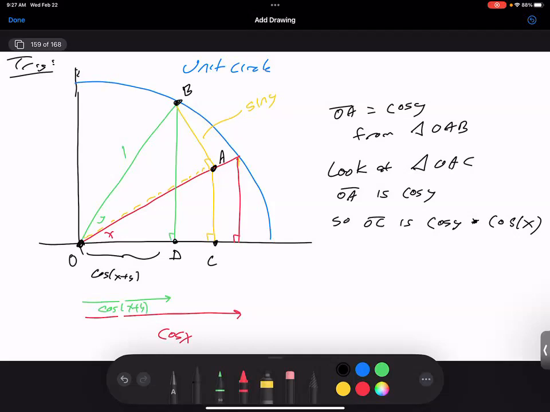So let's look at all the different stuff we know. We know OC, right? OC is cosine x, cosine y, but we've overshot OD by DC.